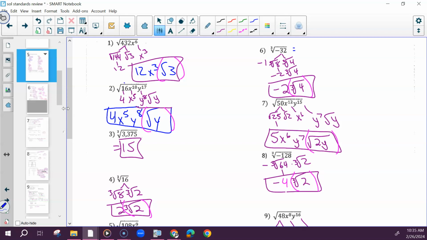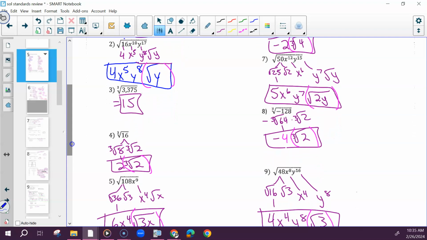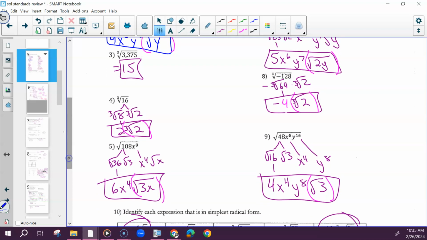And then I'll scroll down for one moment. Five was 6x to the fourth times the square root of 3x. 9 was 4x to the fourth, y to the eighth times the square root of 3.